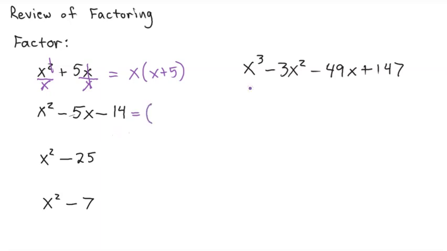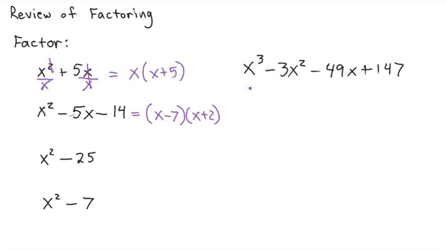And so we're going to do x minus 7 times x plus 2. So the way we do that is we take our two numbers, the negative 7 and the 2, and we put them each in parentheses with an x to the first power, and now we have two factors. So we've turned this one into factored form.